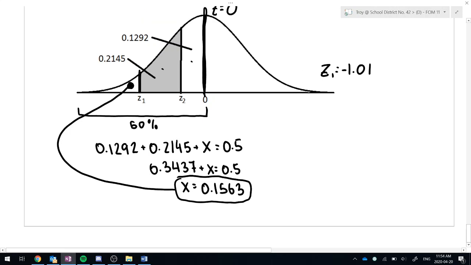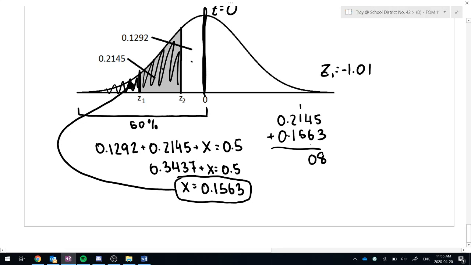And z2, well, z2 is going to be this area plus this area, right? So that's going to be 0.2145 plus 0.1563. Add those together: 0.3708.